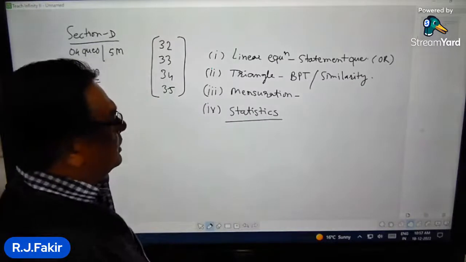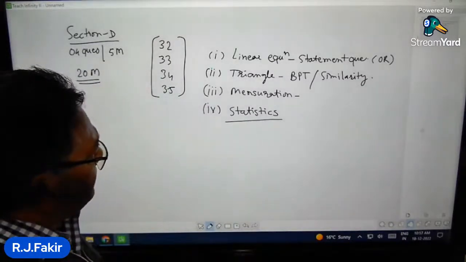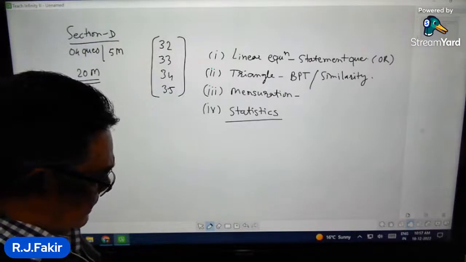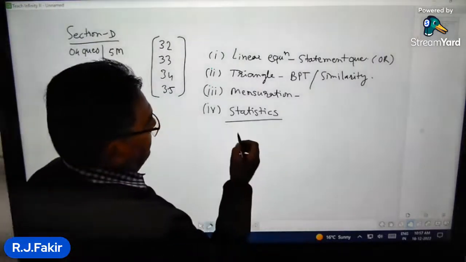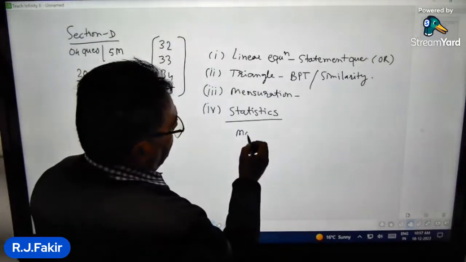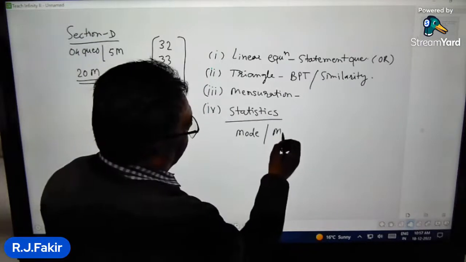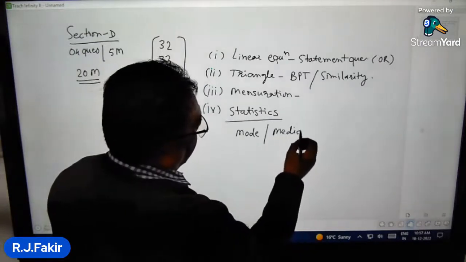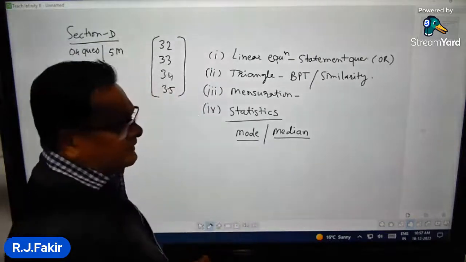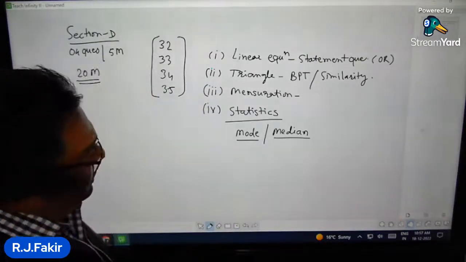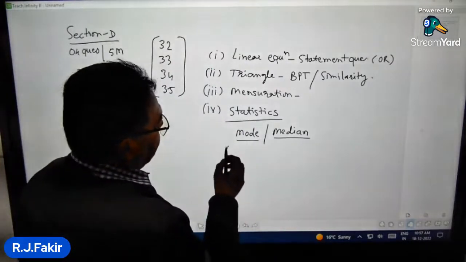Now this is very important. Statistics basically, mean everybody remembers. The problem is the two formulas we have, one for mode and another for median. So for this what I suggest is you just learn these formulas and practice the questions from your NCERT book.